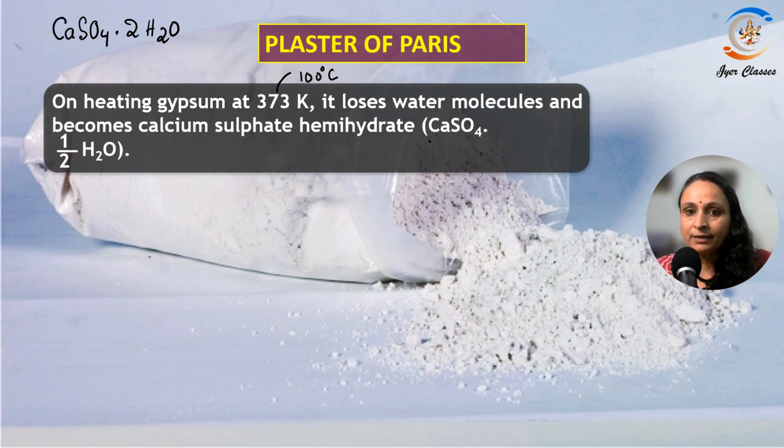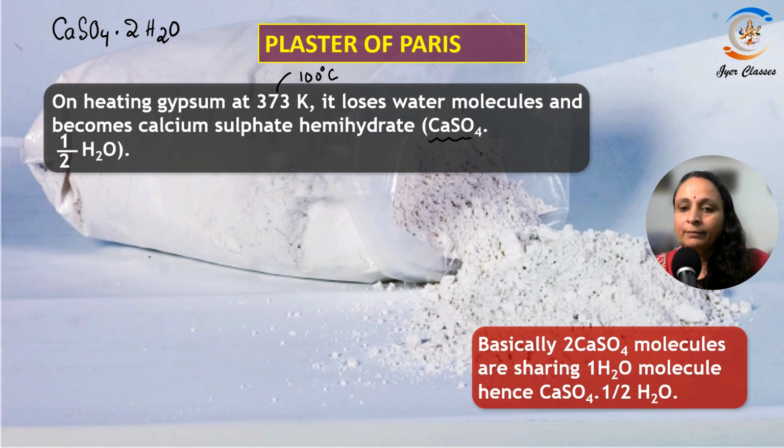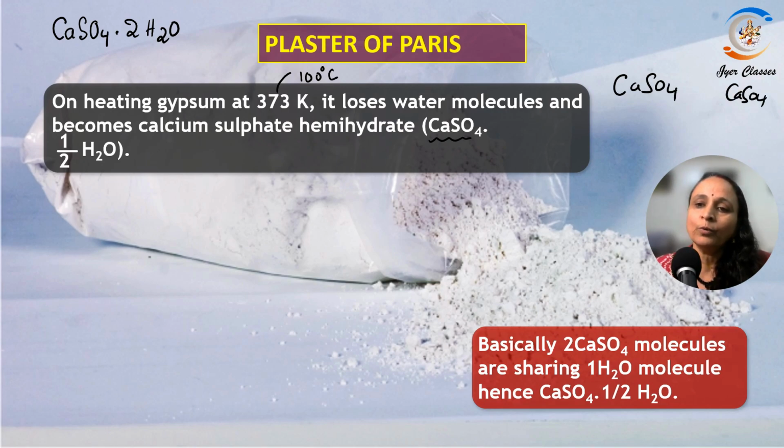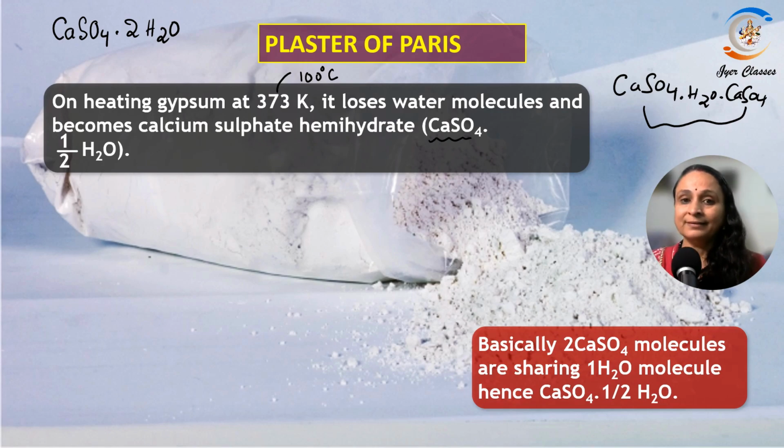That means the formula is now CaSO4 dot half H2O. half H2O होता नहीं है, तो इसका फॉर्मूला कैसे रहेगा ये जरा देखते हैं हम लोग. तो हमने देखा बेसिकली 2 कैल्शियम सल्फेट के मॉलिक्यूल शेयर 1 मॉलिक्यूल. दैट मीन्स आपके पास रहेगा CaSO4, यहां भी रहेगा CaSO4, इन दोनों के बीच में आ गया एक मॉलिक्यूल. आधा मॉलिक्यूल तो हो नहीं सकता, तो 2 मॉलिक्यूल कैल्शियम सल्फेट की एक मॉलिक्यूल को शेयर करेंगे, इसलिए हम लोग उसके फॉर्मूला को लिखते हैं हाफ H2O. हाफ H2O कुछ नहीं होता है ना, होता है तो पूरा H2O होगा. राइट. सो दिस इज कॉल्ड एज द प्लास्टर ऑफ Paris.